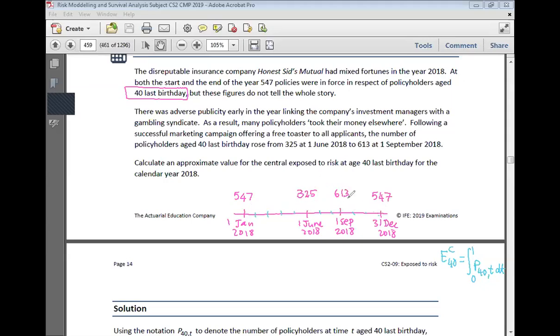Now, if we were not given this information, we would have just taken the middle in between, and you would have gotten 547 itself. But now that we have some additional information, we try to use it. The way we are going to do this is to figure out the area from this to this, then this, and then this, and add them all together to get our final answer for central exposed to risk for 40 last birthday. All right.